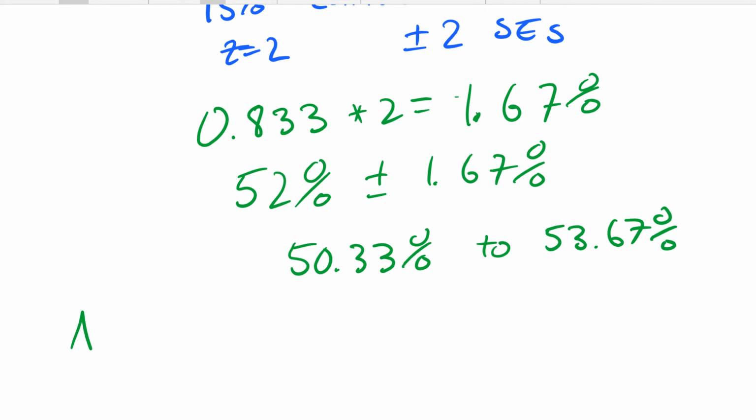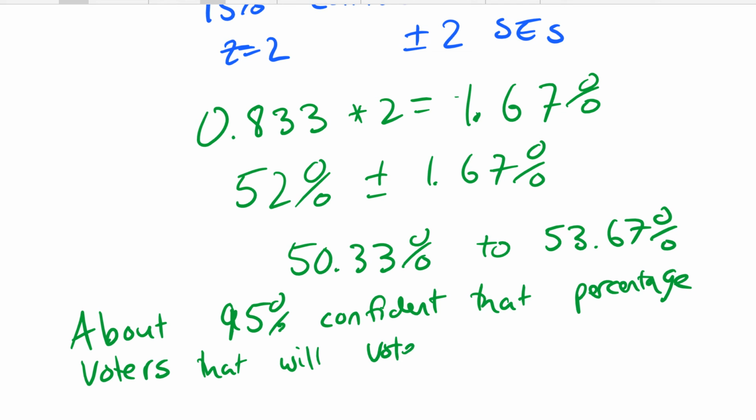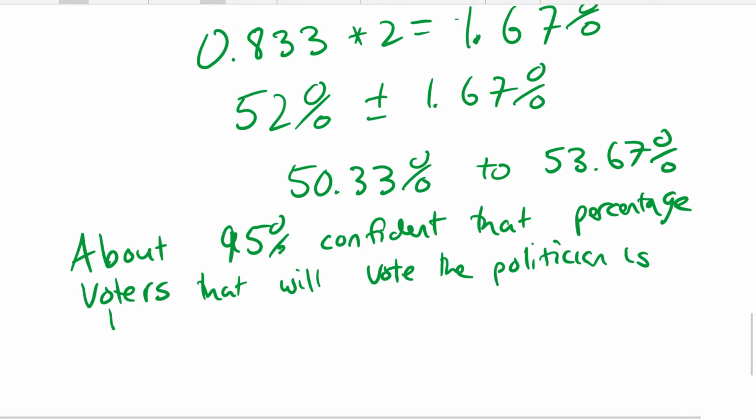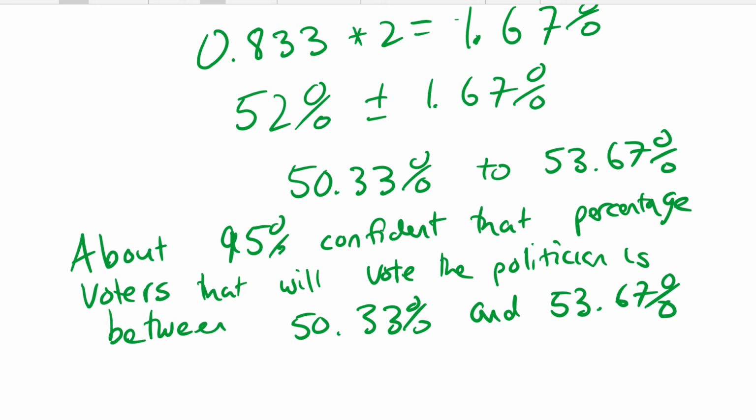So what we can conclude here is we can be about 95% confident that the percentage of voters that will vote for the politician is between 50.33% and 53.67%.